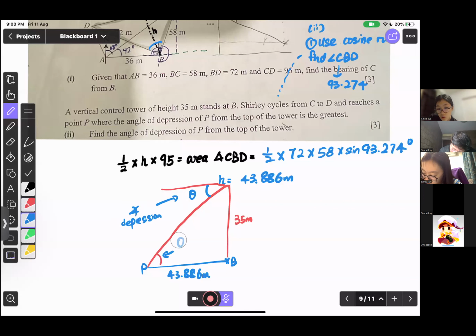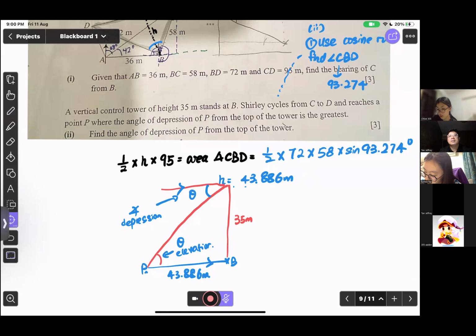Then this will be the angle of elevation, because they are the same. The angle of depression of the top from the bottom is the same as angle of elevation from the bottom to the top, because these two are just alternate angles.